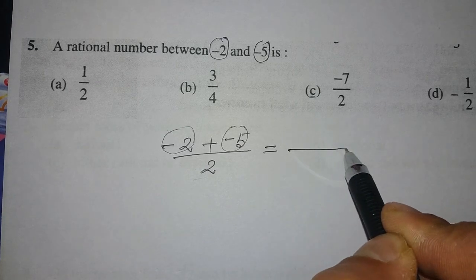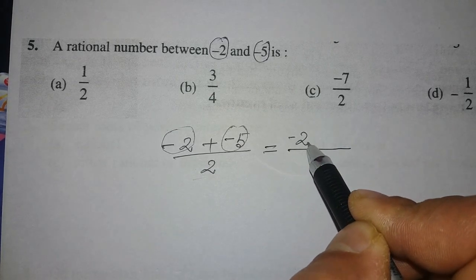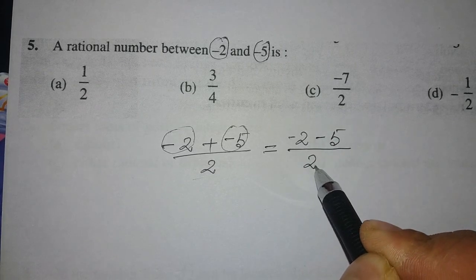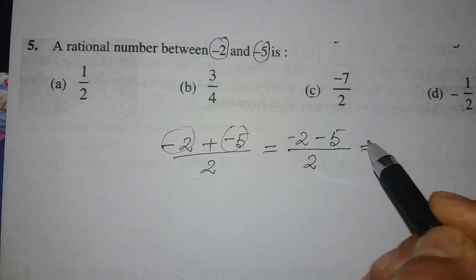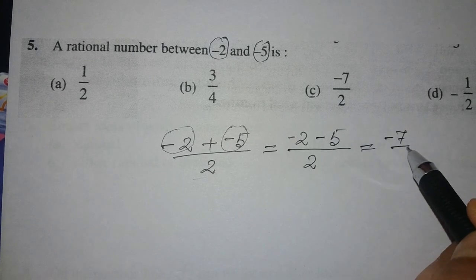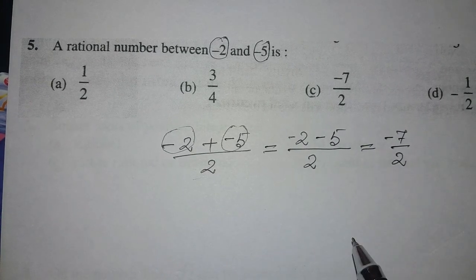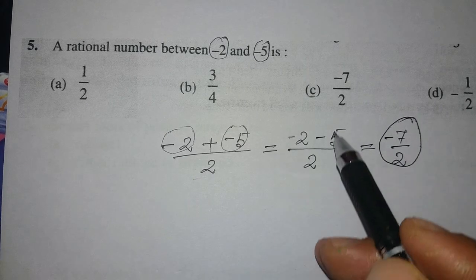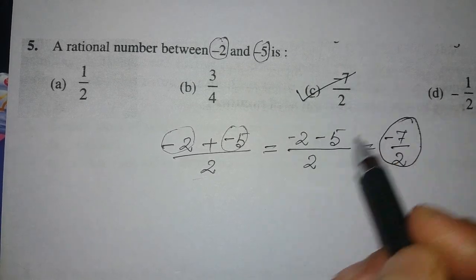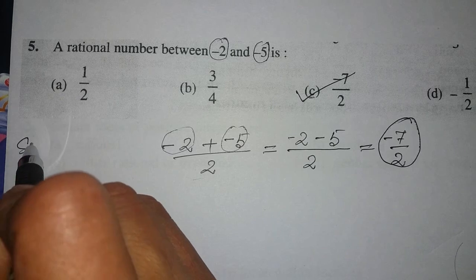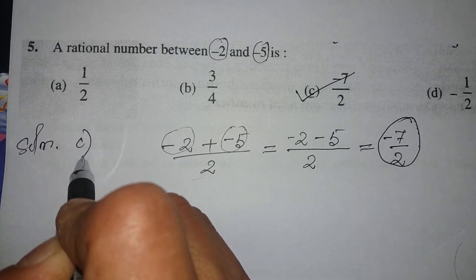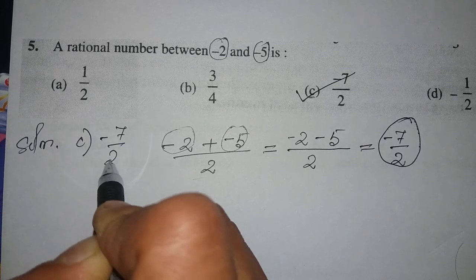So here we get (-2 + -5) by 2. Now -2 minus 5 is -7, and in the denominator we have 2. So this is our solution. So -7 by 2 is C. So the solution is C, -7 by 2.